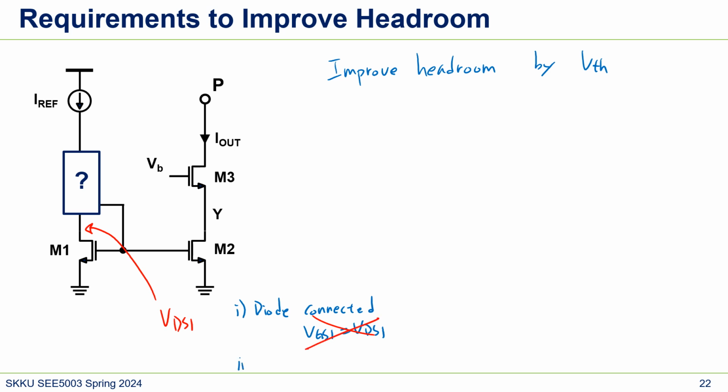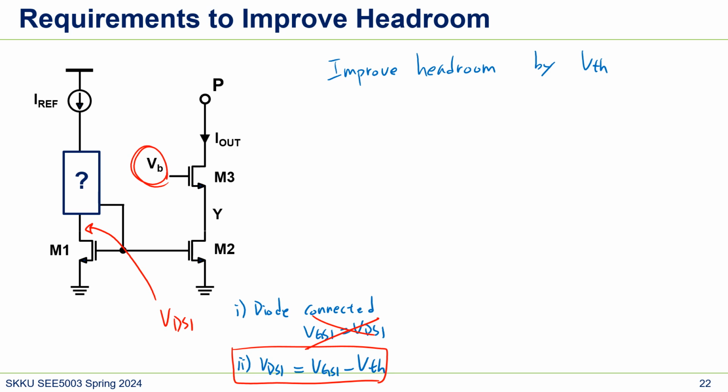So we need to use some other circuit that can make VDS1 equal to VGS1 minus VTH. This is what we need. We need to find some circuit that can generate this. And if that's possible, then we can also set VB. We need VB to some value.